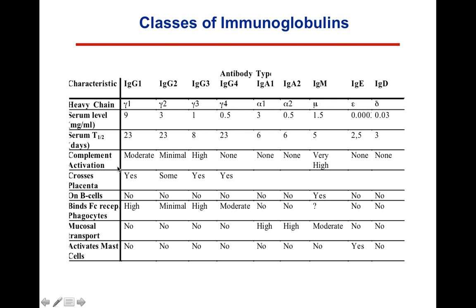IgGs cross the placenta. Notice this. So these are the ones that provide the fetus with protection, that cross the placenta from the mother. Her antibodies provide the fetus with protection during gestation, and then after birth, those antibodies will be in circulation in the new child for a period of time.